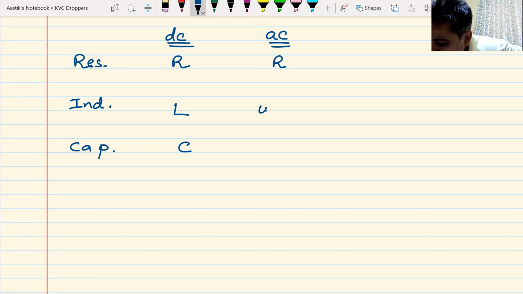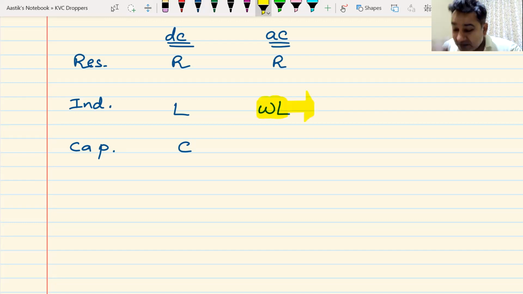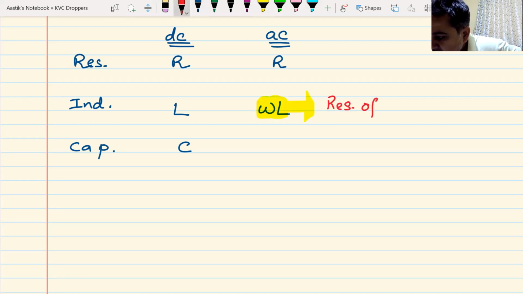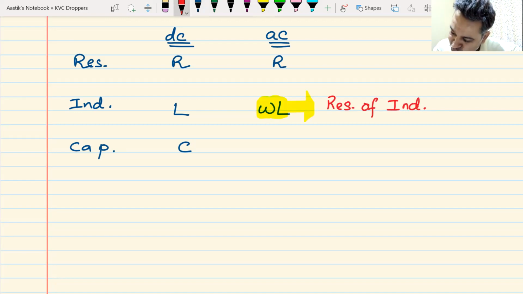And how do I find the resistance? We find it by multiplying omega with L. Now this omega L, to understand, is the resistance of the inductor. Do we understand this? Yes, sir.